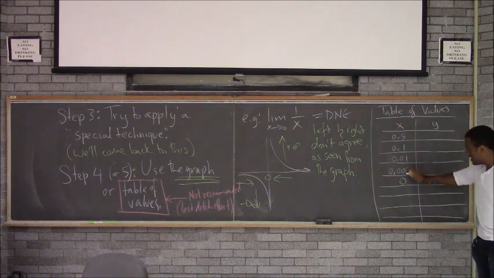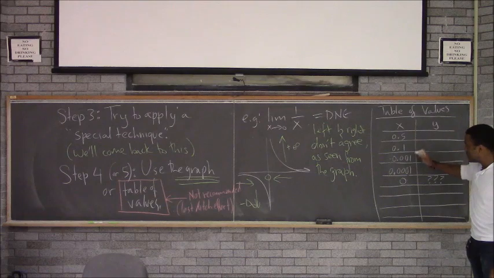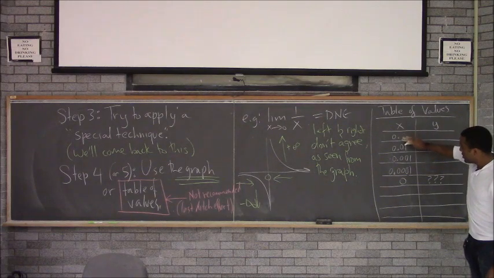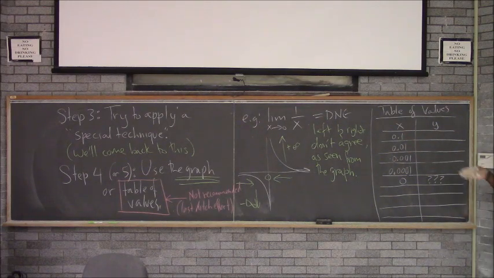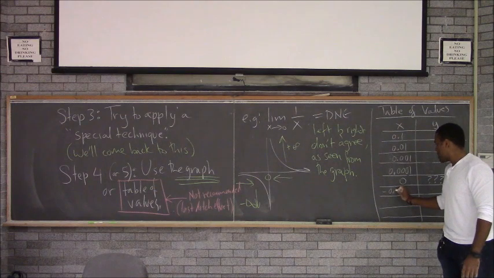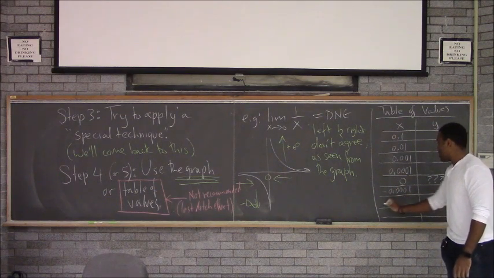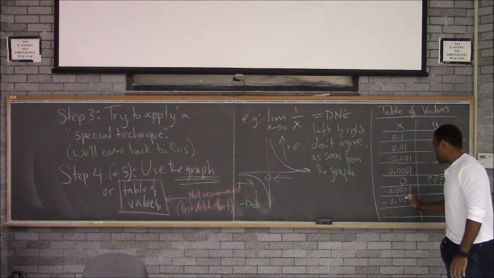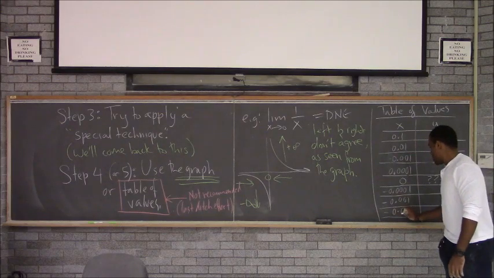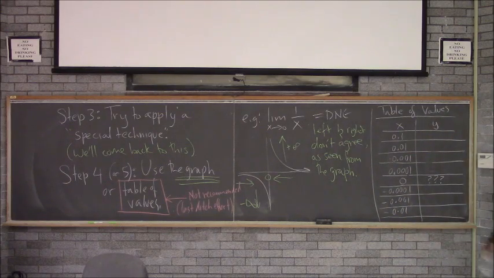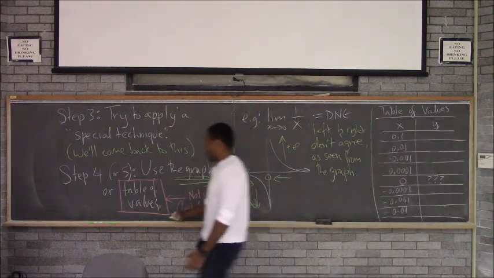Maybe even that's too far. 3 zeros, 2 zeros, 1 zero, no zeros, right? You really want to get close to 0, right? Now you'd of course do the same thing from the other side, minus 0.0001, minus 0.001, minus 0.01, etc. Right? Now when you're plugging these guys in, you're going to actually try to see, can I figure out a pattern that's happening over here with the y values? Because that's what the limit is about.